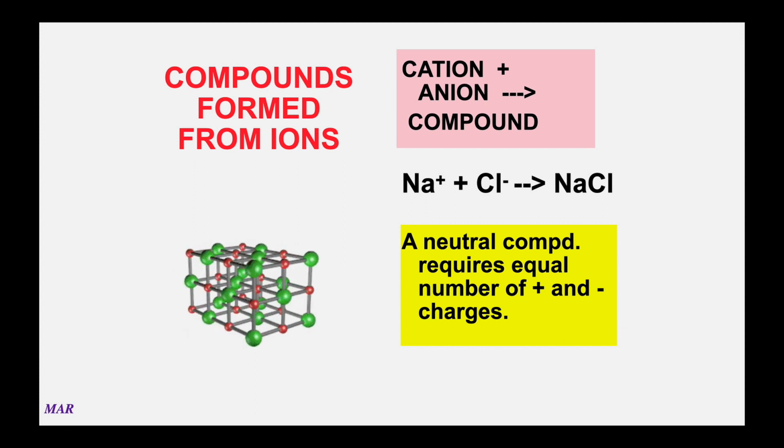When you have table salt, that's positive sodium, group 1A sodium likes to be +1, and chloride, group 7 chlorine, 7 minus 8, chloride likes to be -1. So 1 sodium, 1 chloride come together to make NaCl, table salt. In the real world, though, it's not individual sodiums and chlorines.